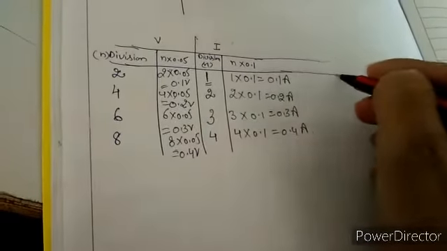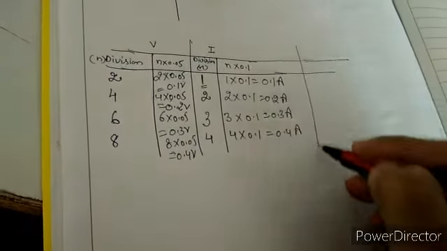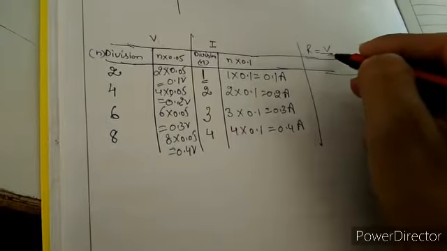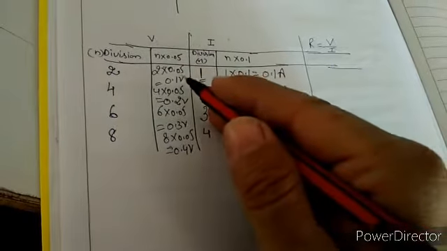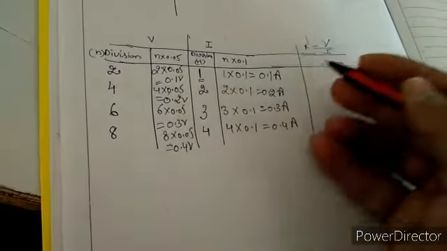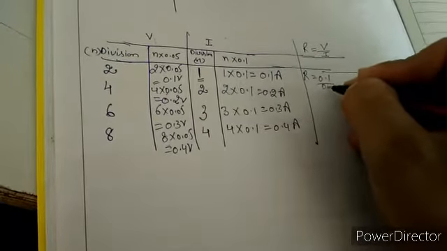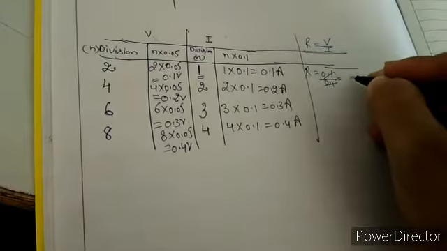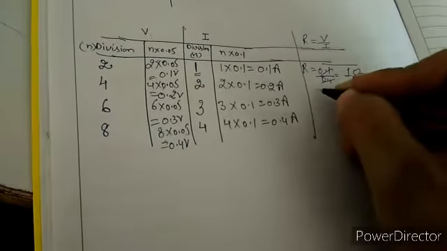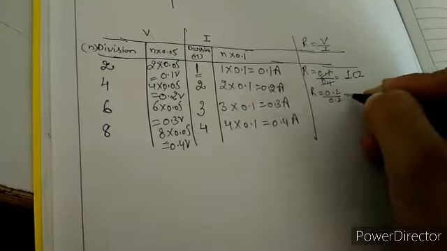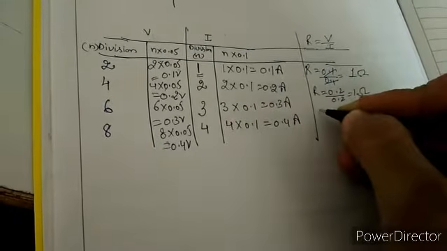Now we will calculate the value of resistance of this wire. Formula, as you know, R is equal to V upon I. So V upon I, 0.1 divided by 0.1, that will be 1 ohm. Here 0.2 divided by 0.2, that is also 1 ohm.